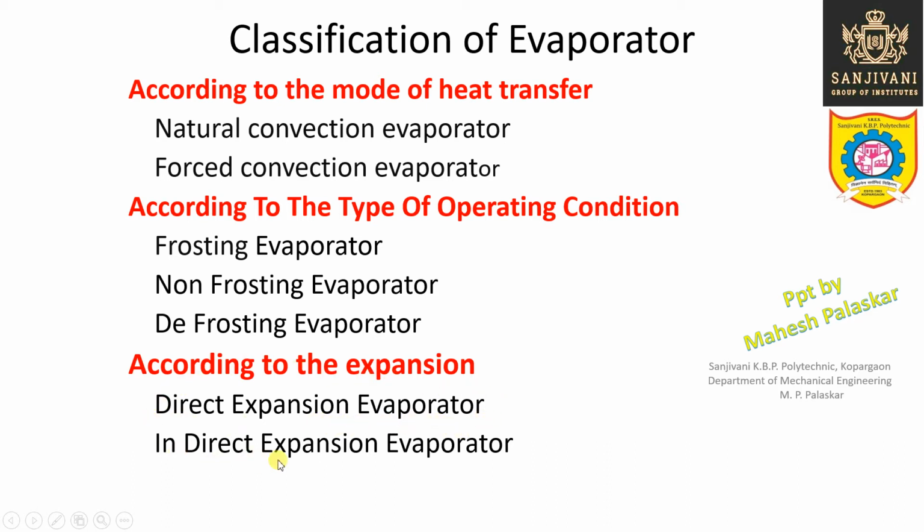But in case of indirect expansion type evaporator, we are using water. This water is chilled and then this water is circulated everywhere, and then the refrigerating effect is transferred from the chilled water to the air in each and every room, that is in the central air conditioning. So this classification of evaporator is actually applicable mostly for the central air conditioning application, right?